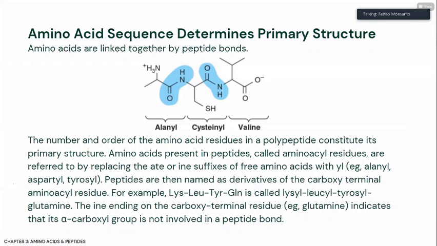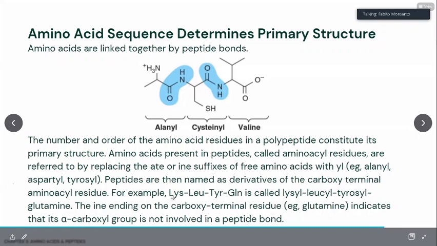The structure of a protein is made up of primary, then you have secondary, then tertiary and quaternary structure. So look at the example here. If you have lysine, leucine, tyrosine, glutamine, it is called lysyl, leucyl, tyrosyl, glutamine.